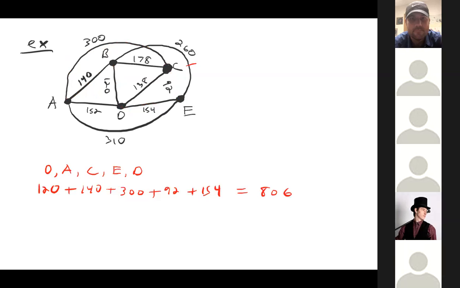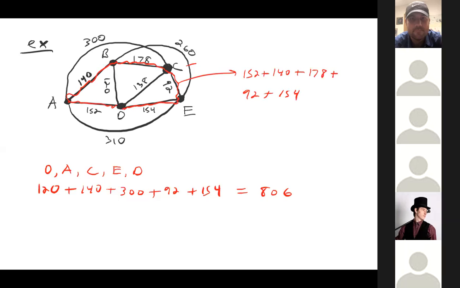Okay, so let's take a look here. What happens if I just went around like this, if I just did that route right there, started at D and just went straight around? What does that give me? I'll have to add all of those up. So this would be going over to A first, then 140, then 178, then 92 and 154.